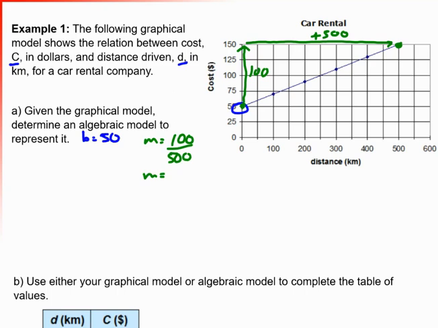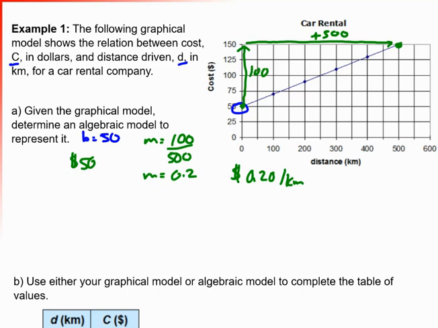If you use your calculator, and we're talking about money, so decimals, that's 0.2, like 20 cents for every kilometer. So 20 cents per kilometer, and this is $50 to start, to rent the car.